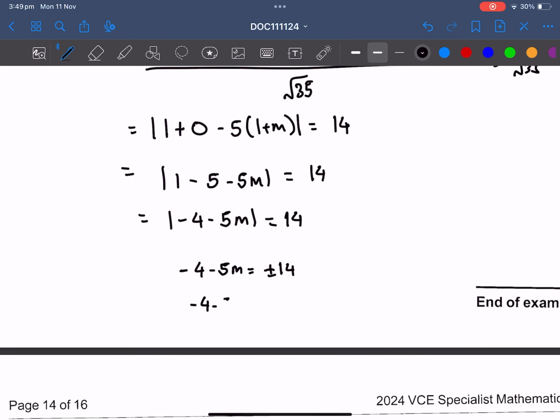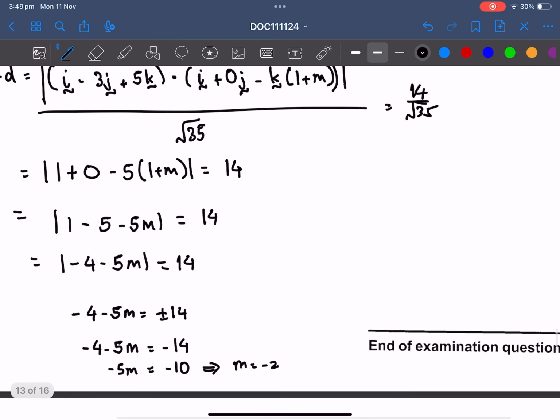So minus 4 minus 5m is equals to minus 14. So minus 5m equals to minus 10. So that says our m is going to be minus 2.